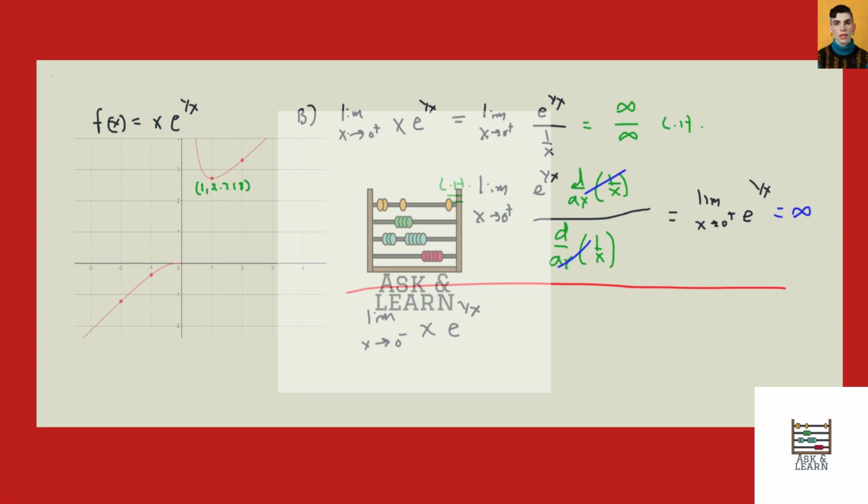First, the limit of 1 over x is going to go to negative infinity, so that diverges, but then e to the negative infinity approaches 0. So I actually have 0 times 0, so it goes to 0. So the only thing we actually needed to use L'Hopital's for was the first part of the question.